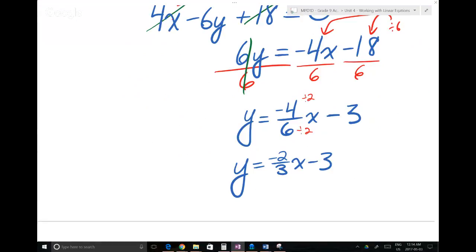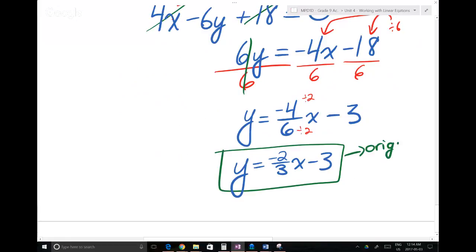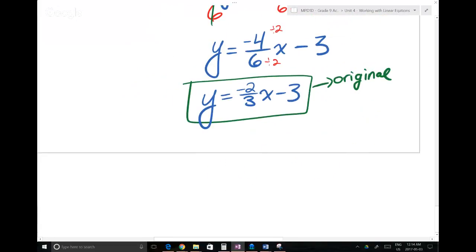That's the original equation. And what's perpendicular to it? Well, we have to change the slope.